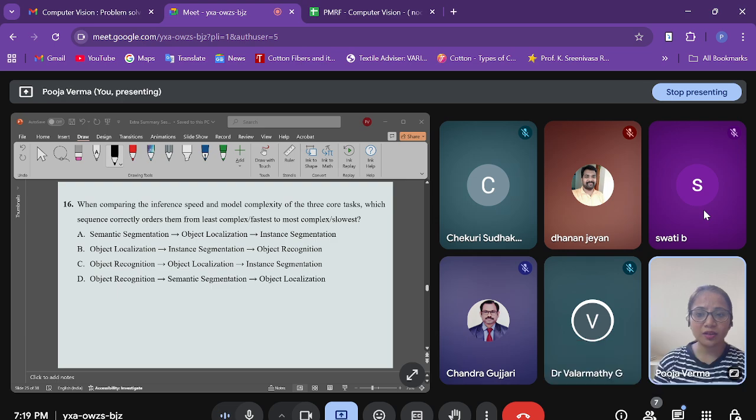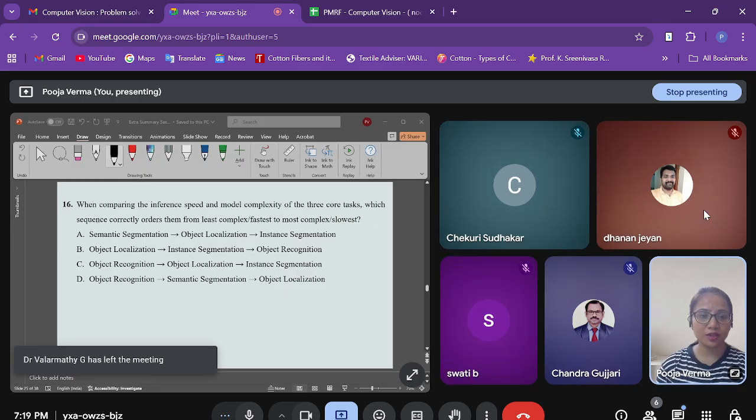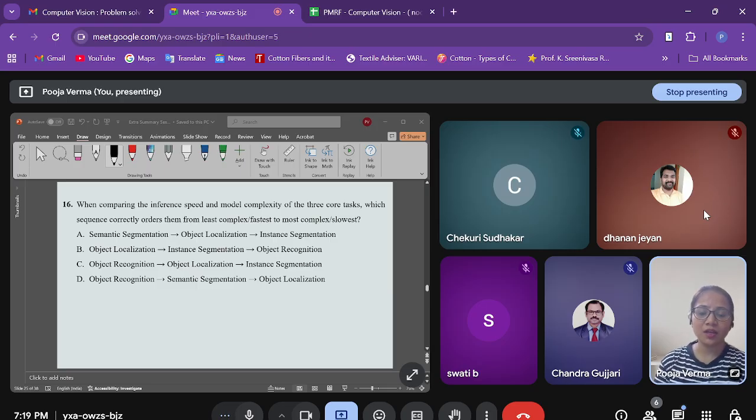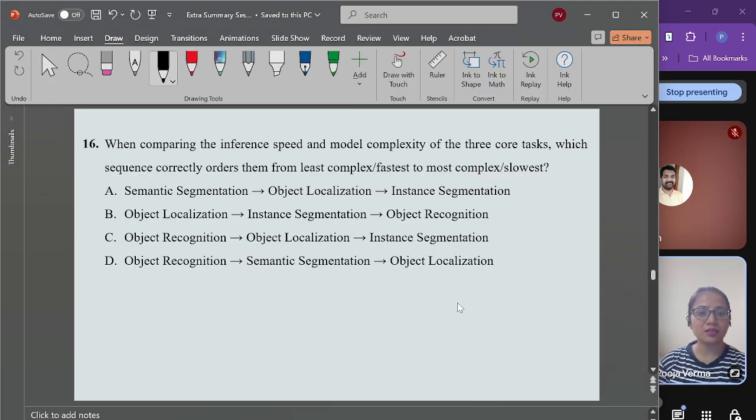Because in object recognition, we are only recognizing which class the image belongs to, and in object localization we are localizing that object with a bounding box. So this is a little bit more complex than object recognition. And in instance segmentation, we are doing pixel-wise labeling.